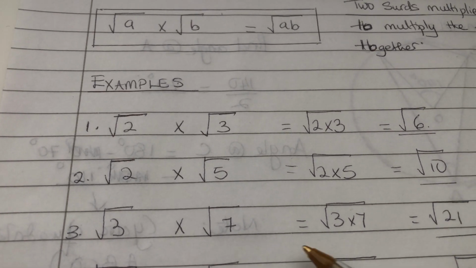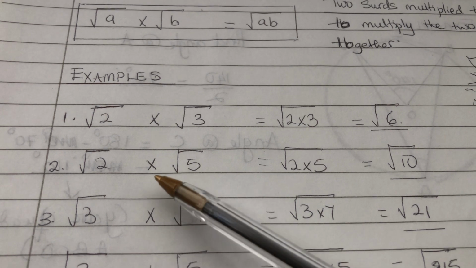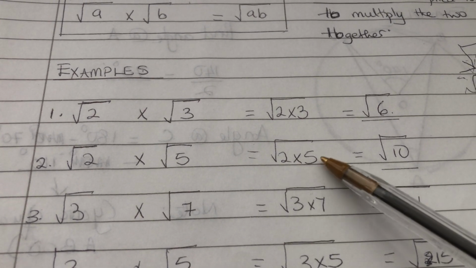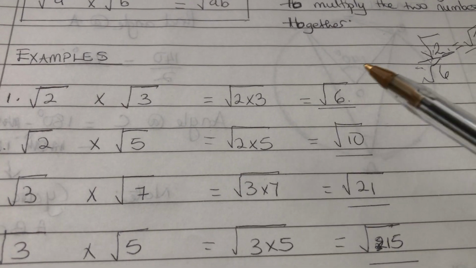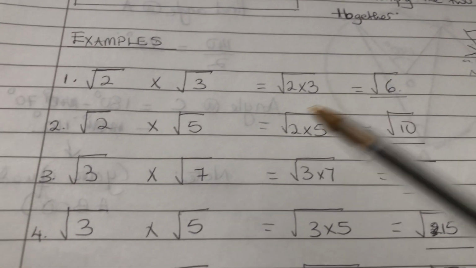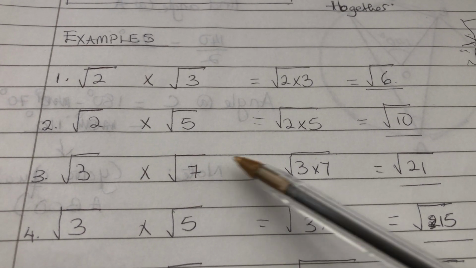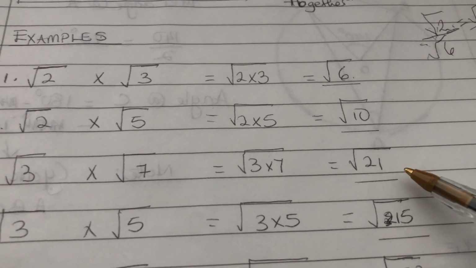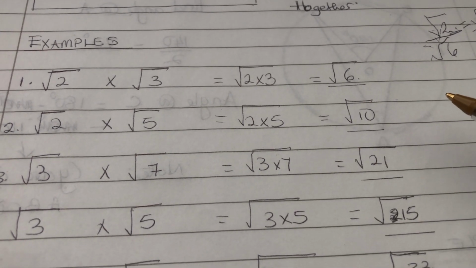Root 5 times root 2 will give you root 2 times 5, which is root 10. The reverse is also true. Root 3 times root 7 will give you root 3 times 7, root 21. The reverse is also true.